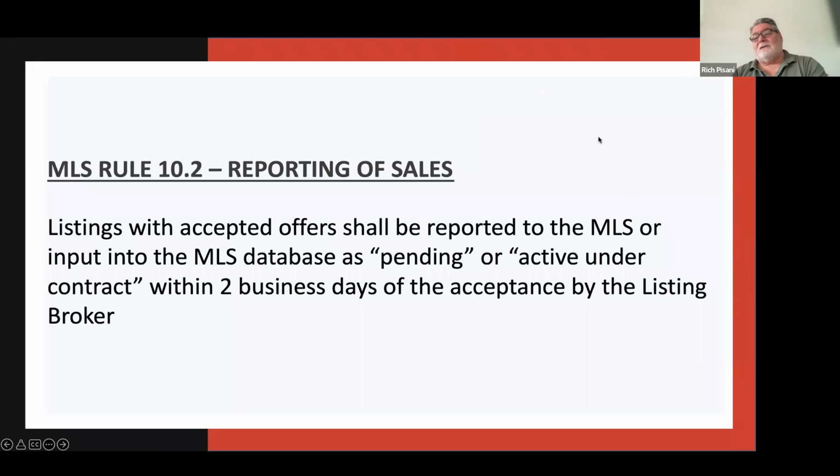That is also a violation. That's very important. If you're just keeping it active under contract so that you can have open houses and try to get clients and whatnot, and your seller really isn't looking for a backup offer, you need to change that status.